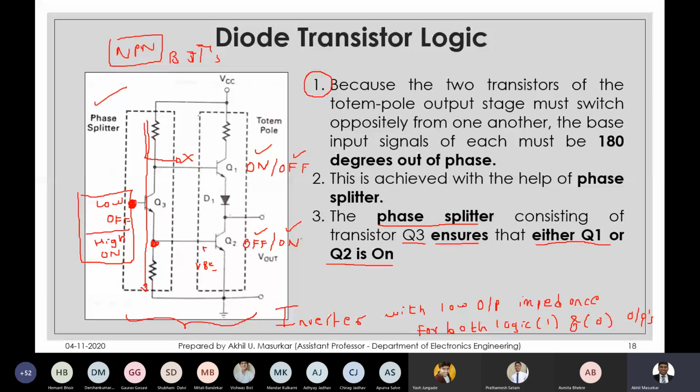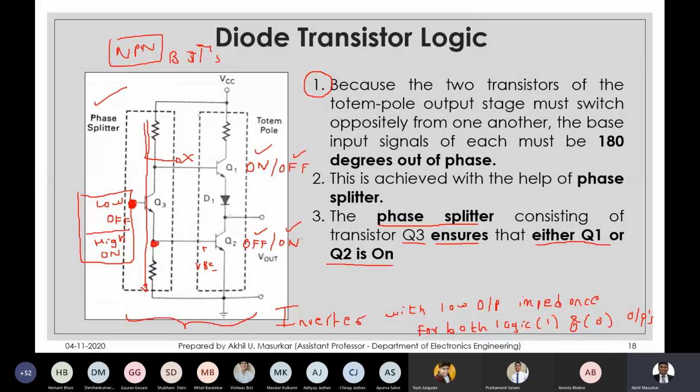Ruchira, are you getting this? Yes, sir. Parth, what about you? Yes, sir. Yes, sir means getting or not getting? Yeah, getting it, sir.